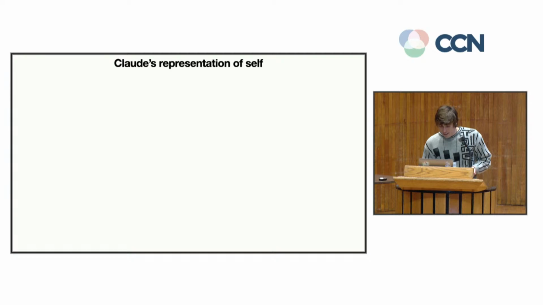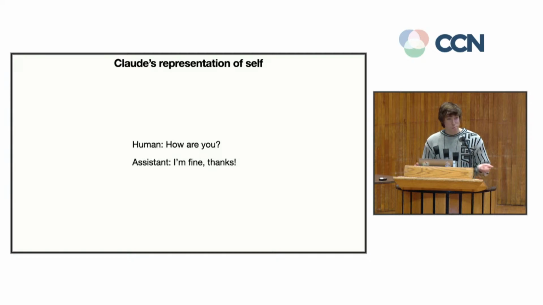Part of the way that's done is that all the dialogue you have with Claude is wrapped in these human and assistant tags. Something we noticed is that there's one feature in one of the sparse autoencoders that consistently activates on the assistant token and the colon following it.